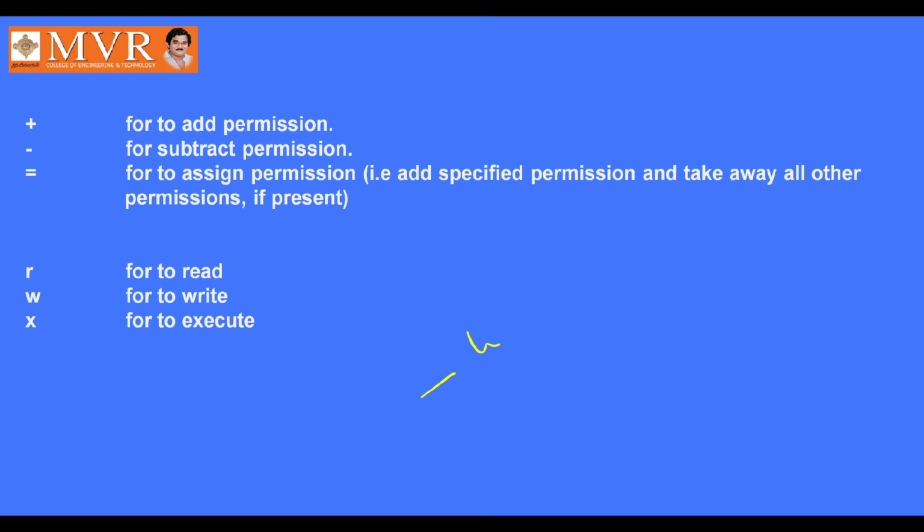So a file has only W and X, that is write and execute permissions, say for example file F1. Now I want to assign read permission to this file. If you use the equal to symbol to assign read permission, it will assign read, and at the same time it removes W and X. But when you use the plus symbol, it will add to the existing permissions, that means it will add R, and it doesn't remove any permissions the file already has.